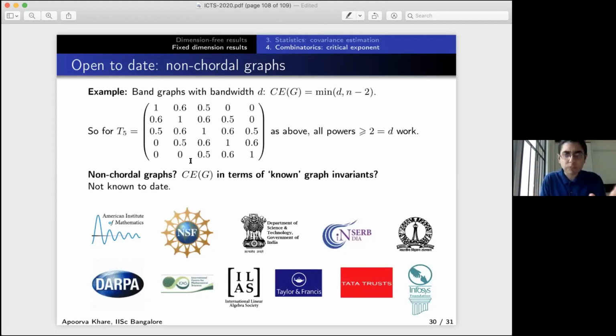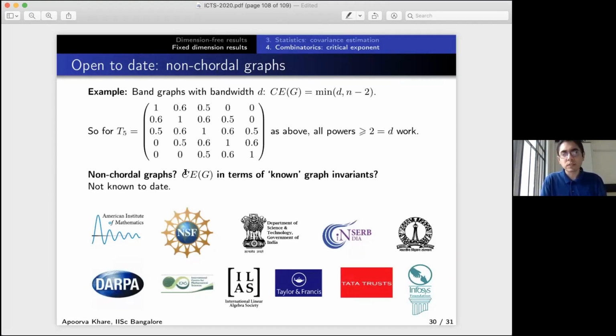You can even work just with correlation matrices. It's enough to preserve positivity on correlation matrices, or to not do so. And you can really just code and try to understand. There are even 5 by 5 matrices, or graphs with 5 vertices, for which the critical exponent is not known. Anyway, that's a very natural question, and it's still completely open except for chordal graphs.